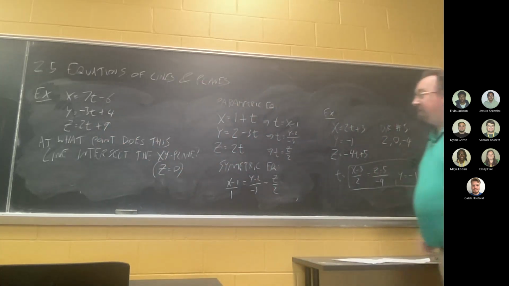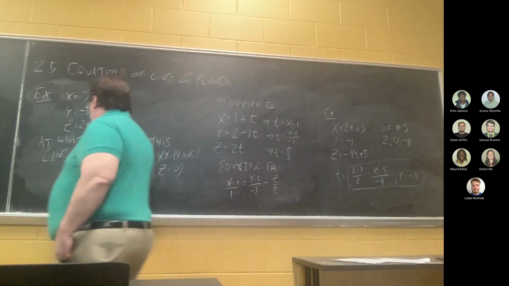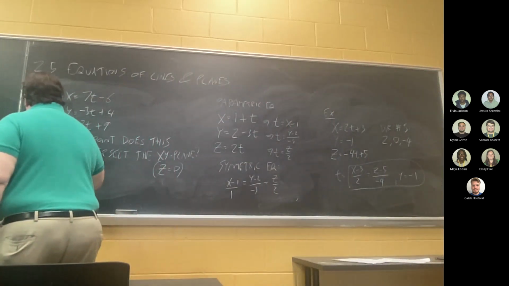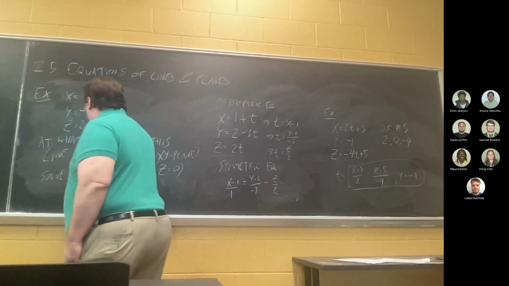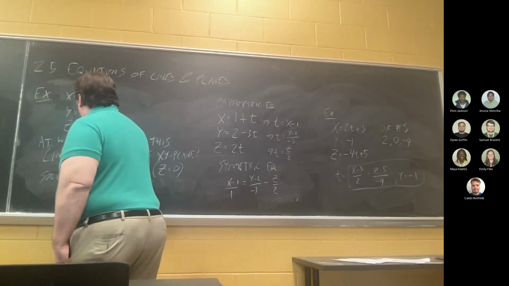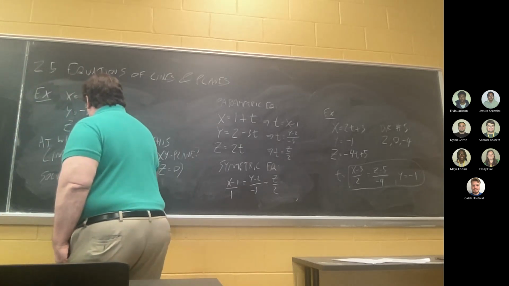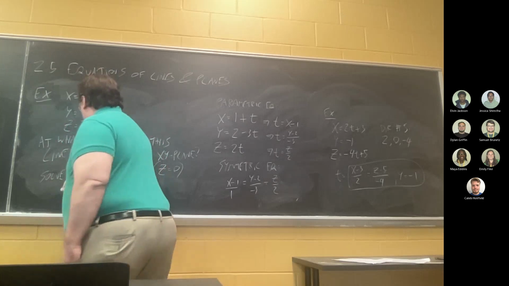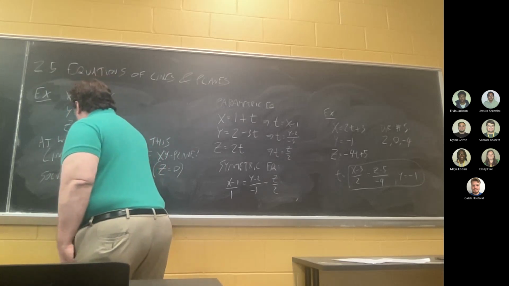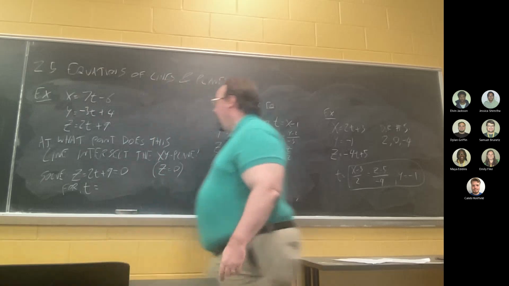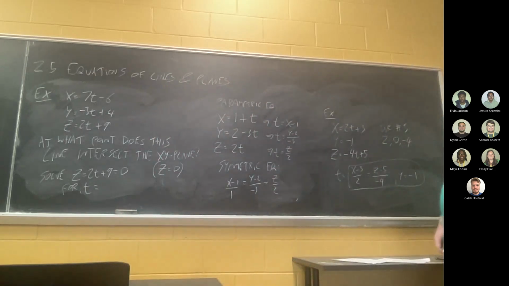So what you do is you take the z coordinate from your parametric equations, and you set it to 0. And you solve that for your parameter t. And what is t going to be in this case?